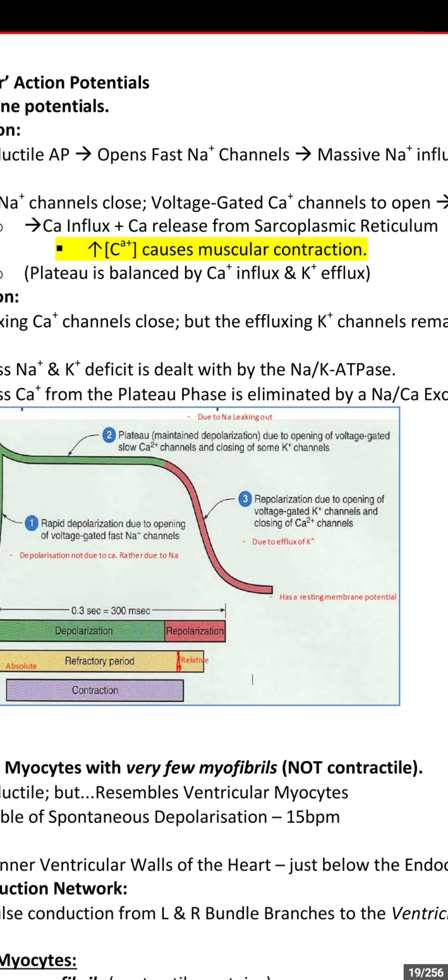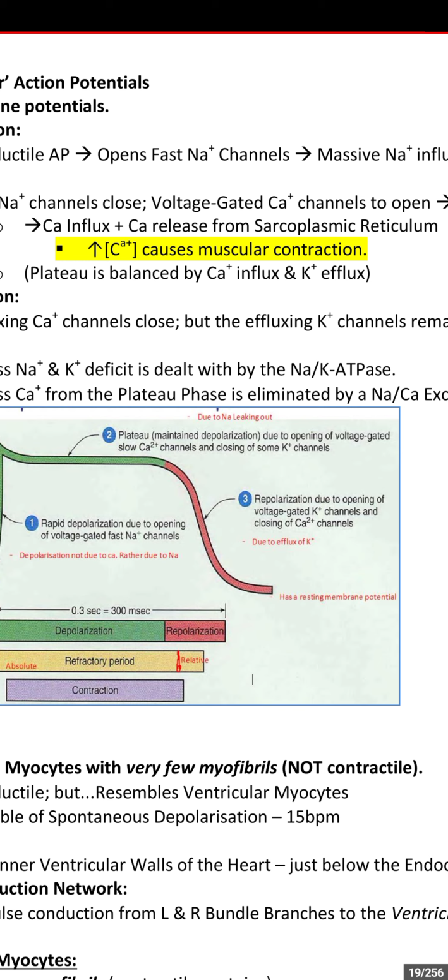Then it goes down to the repolarization level. The third phase, repolarization, is due to the opening of voltage gated potassium channels and closing of calcium channels. So repolarization occurs by the efflux of potassium ions and the closing of calcium ion channels.